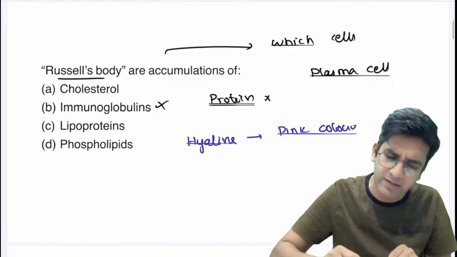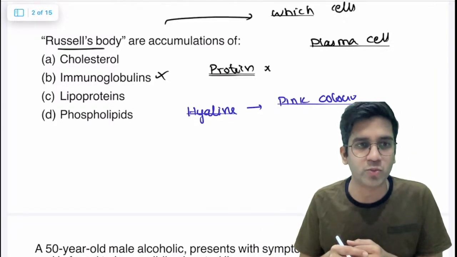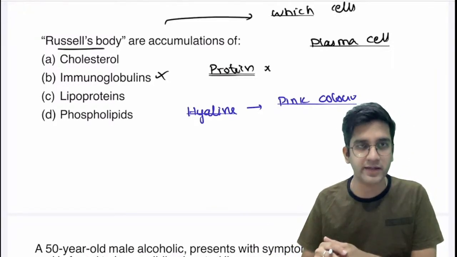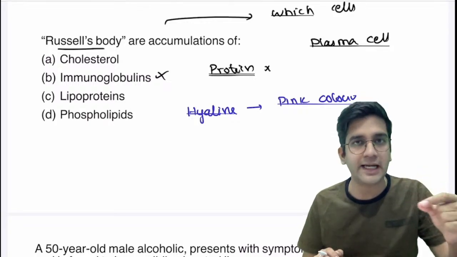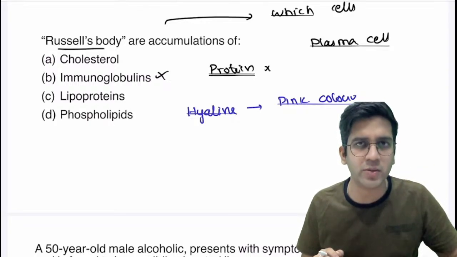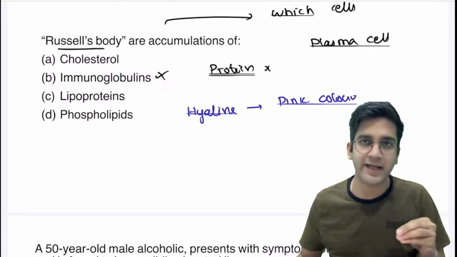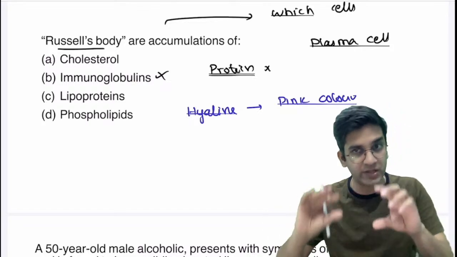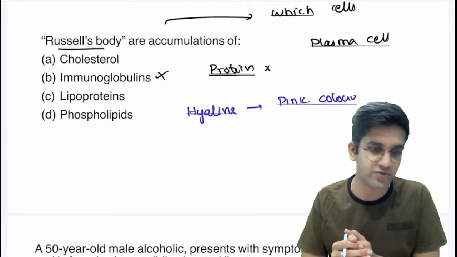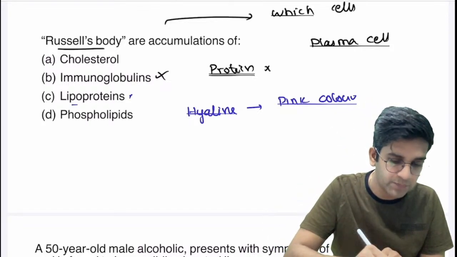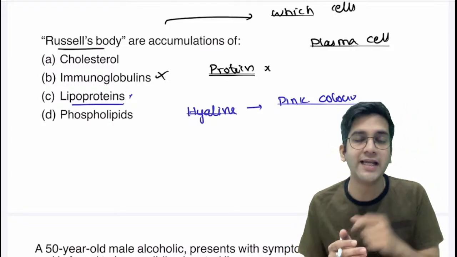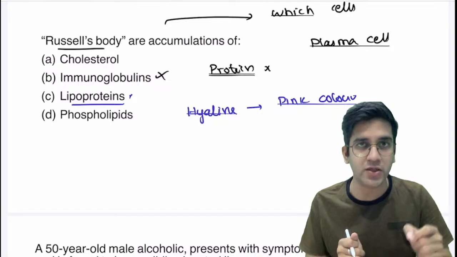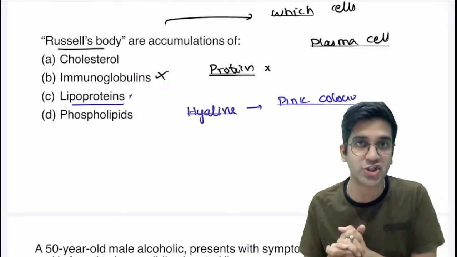Protein will obviously be pink in color in H&E. So if it's not immunoglobulin or protein, look for hyaline. It's a classical example of intracellular hyaline accumulation. Robbins mentions them under hyaline accumulations. It's not lipoproteins, it's immunoglobulin, classical protein here. Like Chandu said, the intranuclear inclusion is called the Dutcher body.